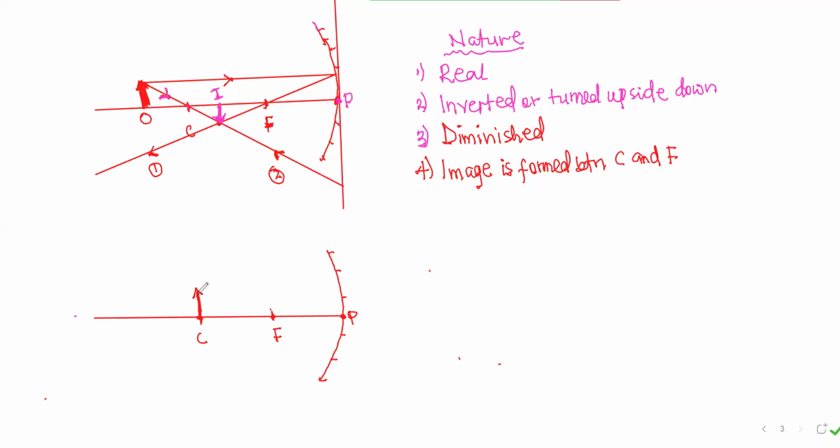You must use your ruler very well to take the measurement. If you don't do that, you won't get the exact location. And when you are applying the rule, make sure your ray is parallel to the principal axis. You can use the grid line in your book to help you.